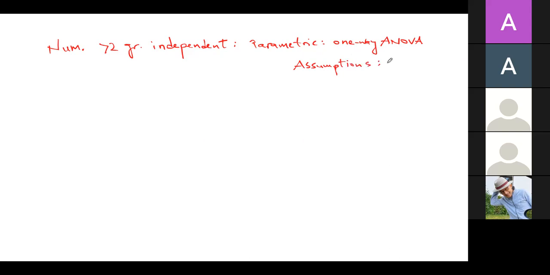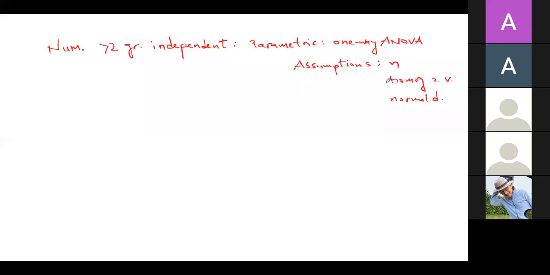Sample size and homogeneity, homogeneity of variances. And what did you say? Normal distribution. Okay. These are the three classical assumptions for parametric tests, which apply also for ANOVA.